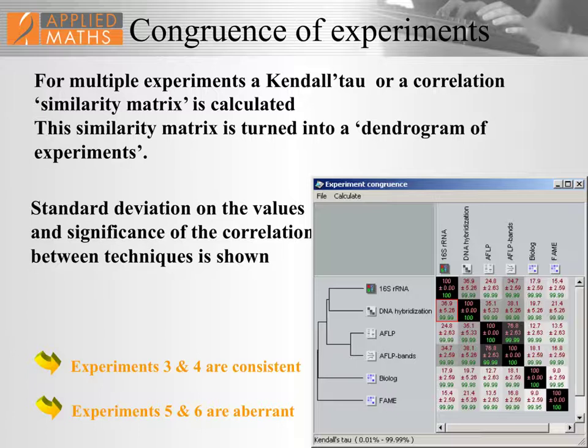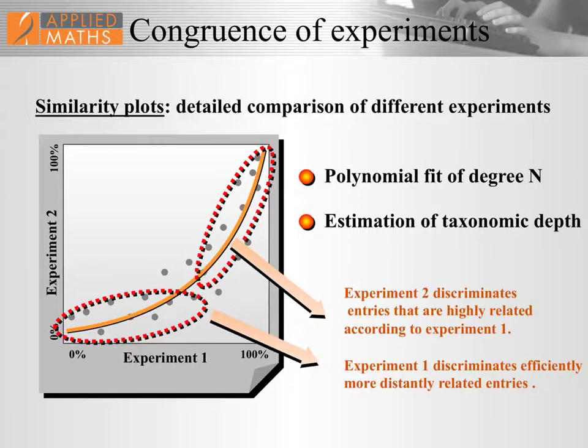But for example, if you would look at 16S and DNA-DNA hybridization, you could learn something more. And that is, for example, that you have techniques that very badly distinguish closely related sequences, according to, for example, 16S. But another technique could have a better discriminatory power on that taxonomic level. And that's something that you can see from that curve.